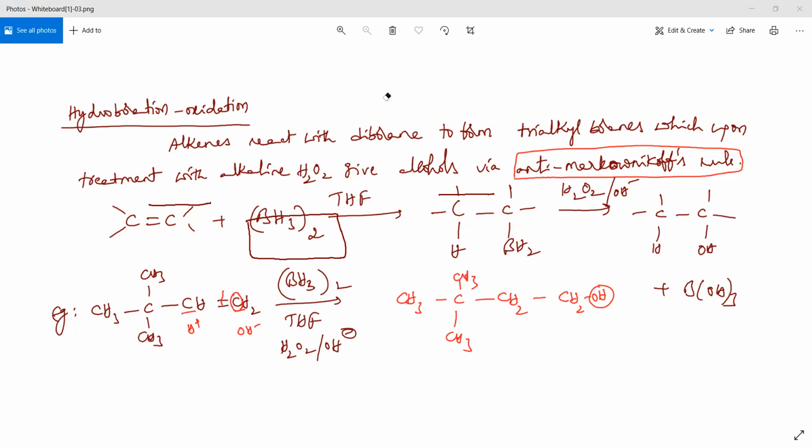Here, this is a key point: it follows anti-Markovnikov's rule, right? So according to anti-Markovnikov's rule, the negative part of the reagent will be attached to the carbon having more number of hydrogens.